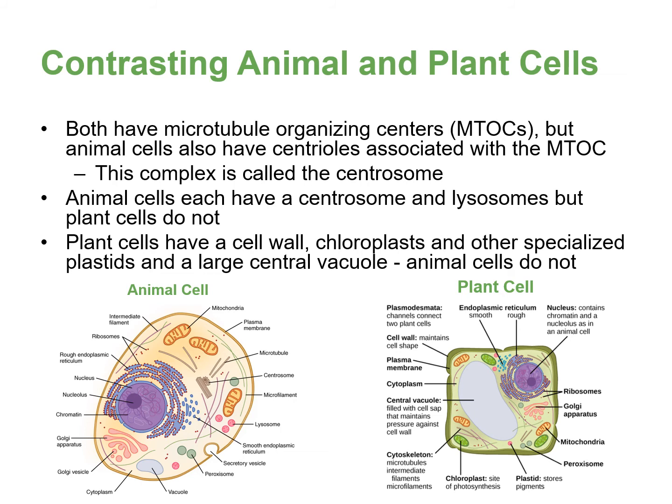While both plant and animal cells have what's known as MTOCs, microtubule organizing centers, animal cells also have centrioles associated with the MTOC, and this makes up a complex that we call the centrosome. Animal cells each have a centrosome and lysosomes, whereas most plant cells do not. Plant cells have a cell wall, chloroplasts, and other specialized plastids, and a large vacuole, where animal cells do not.